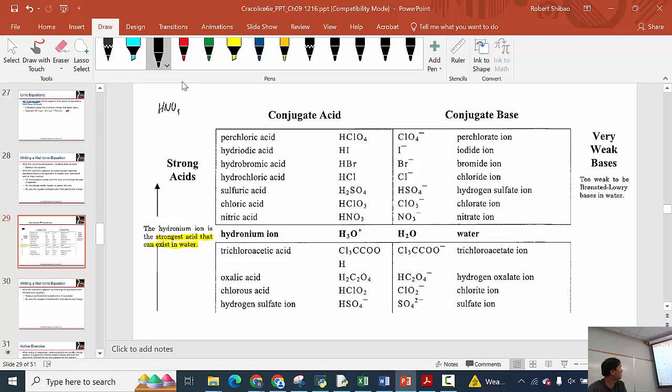That is, they completely ionize or completely hydrolyze in water. We call it hydrolysis because the water actually reacts here. So this is our acid, this is our base, and it's going to form hydronium and nitrate. We don't find any minor species like nitric acid molecules. It's all dissociated 100%.